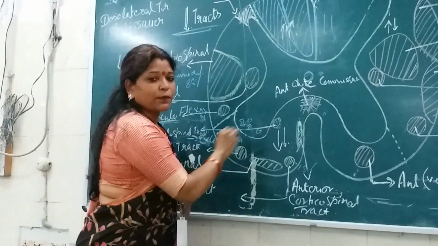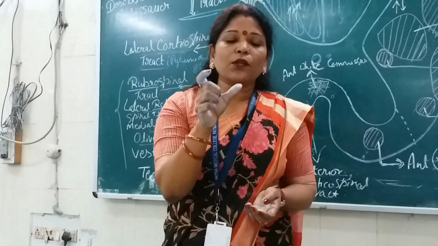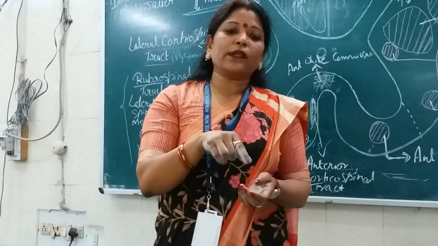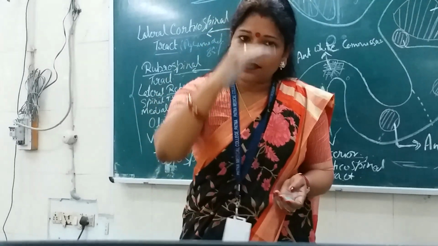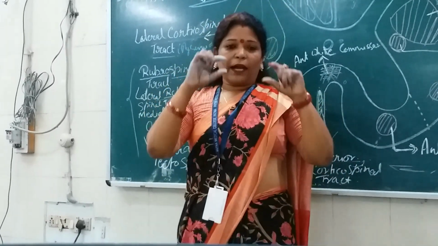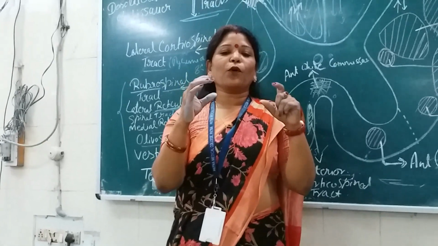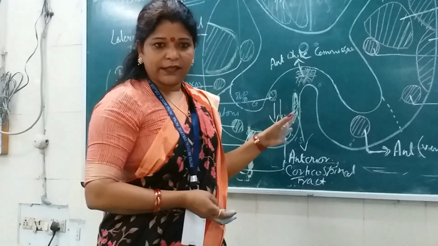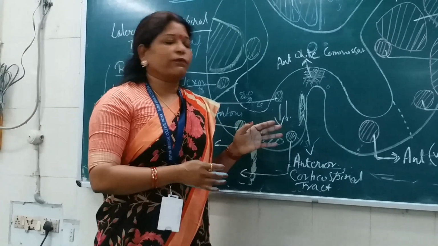The vestibulospinal tract comes to the spinal cord from the vestibular nuclei. And I have just now told that other than the cortex, these fibers are coming down from subcortical areas. The vestibular nuclei are present in the pontomedullary junction, and they have a medial set as well as a lateral set. We will read in detail this tract.